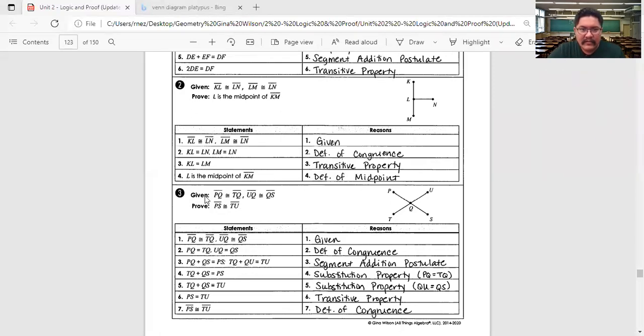So anyway, let's go ahead and do this part. Given PQ is congruent to TQ. So we know this one and this one are equal in length. QS and UQ, excuse me, QU and QS, so these two are also equal in length. What we want is to prove that PS, this whole thing here, is the same as TU.